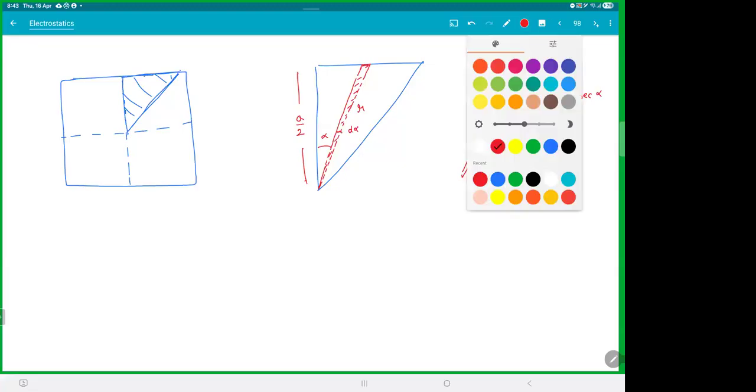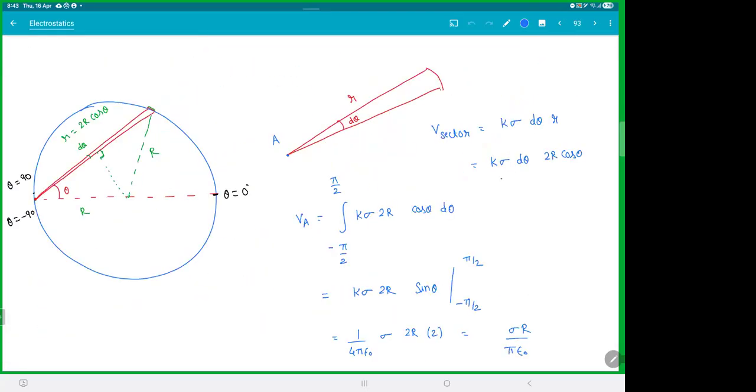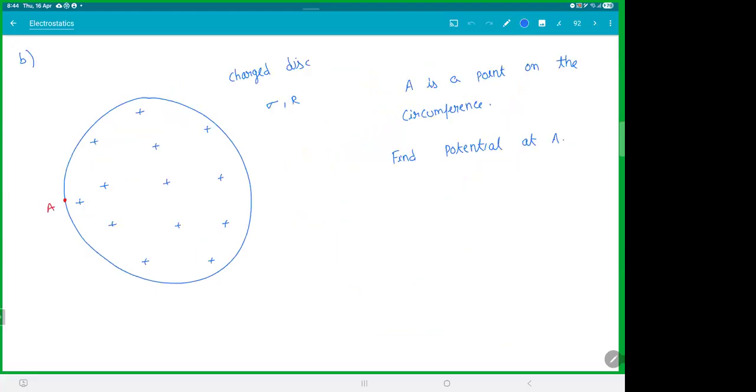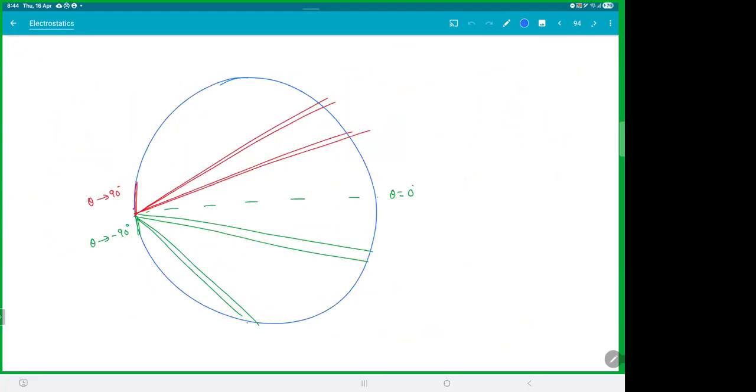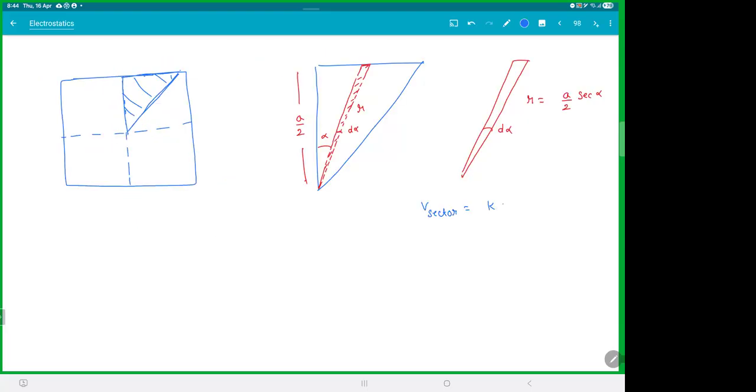Now for a sector, we know the potential. So V due to a sector, what was the formula we derived? K sigma theta r. Theta will be d alpha, and that is small. So that would be K sigma a by 2 sec alpha d alpha.